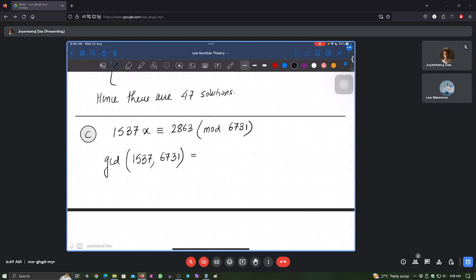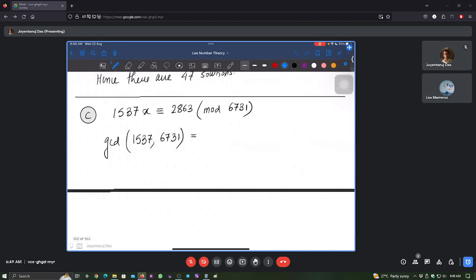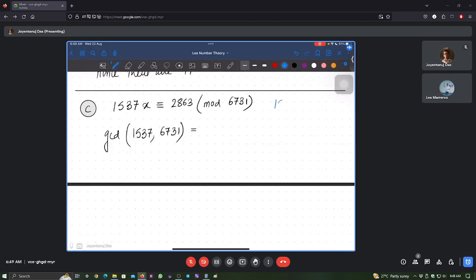I think we can do the prime factorization. So 1537 is 29 times 53. And what about 6731? What is the prime factorization?